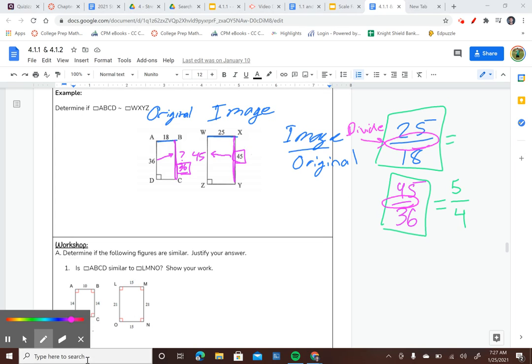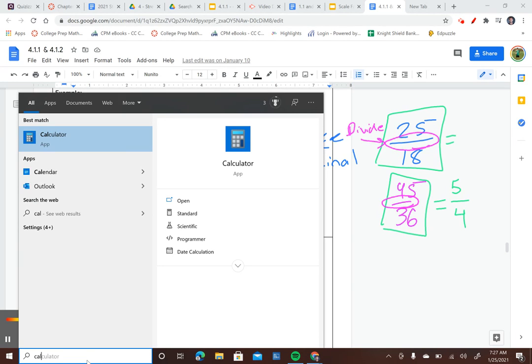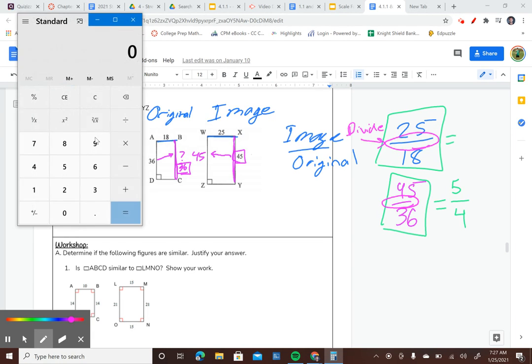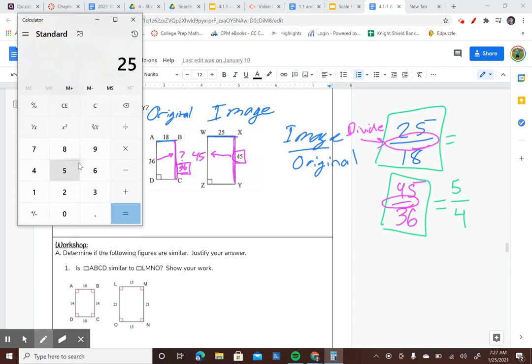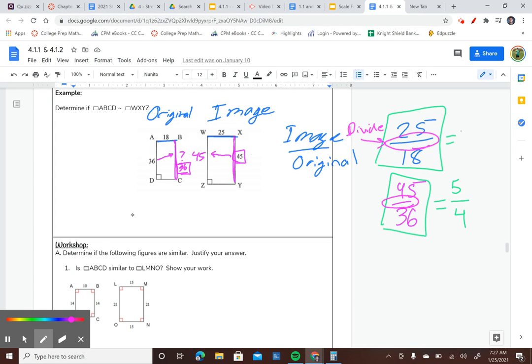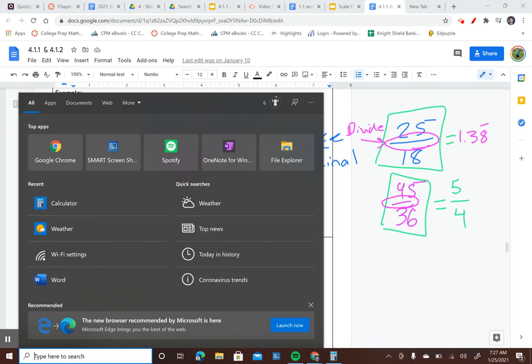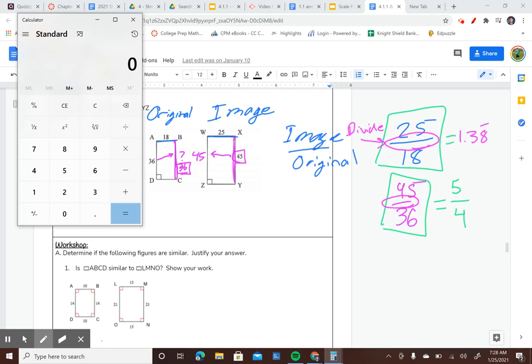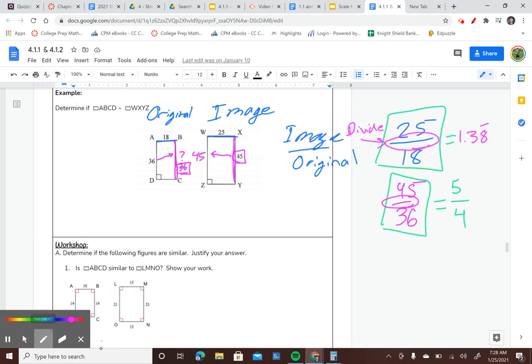I'm going to go ahead and pull it up on my calculator here. 25 divided by 18, it gives us 1.38 repeating. And then if we do 5 divided by 4, well, I already know it's going to give me a different number, but let's go ahead and just try it out anyways. 5 divided by 4, that gives us 1.25.